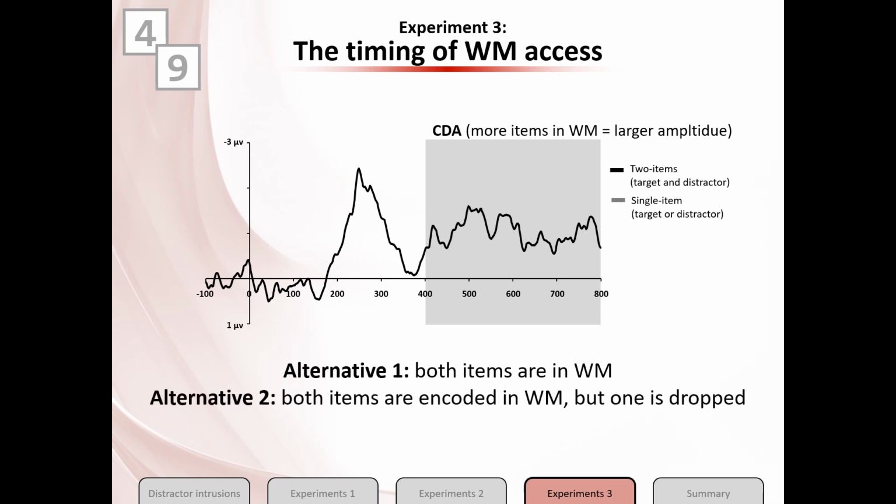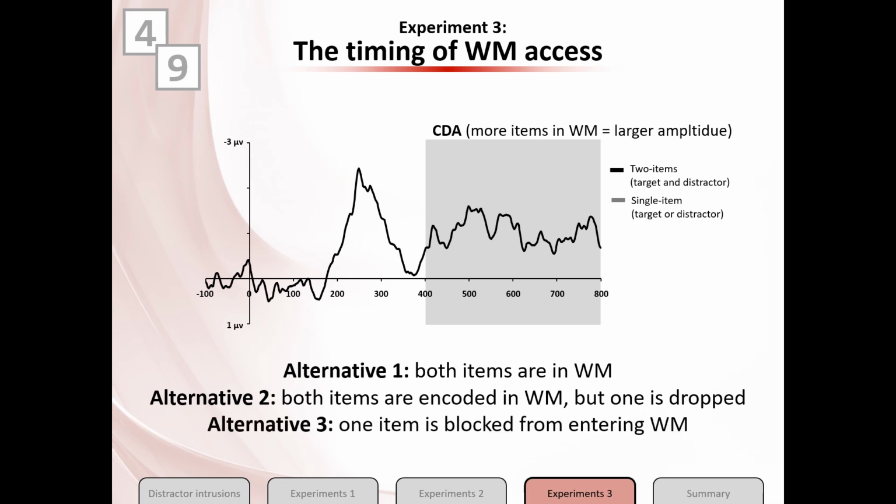A second option, what if both items were initially encoded, but then one of them was dropped before the response stage? Participants are only looking for one item, so maybe the other was deemed to be irrelevant. In that case, the CDA amplitude should be the same early on, indicating encoding, but then split into two later, indicating that the item was dropped.